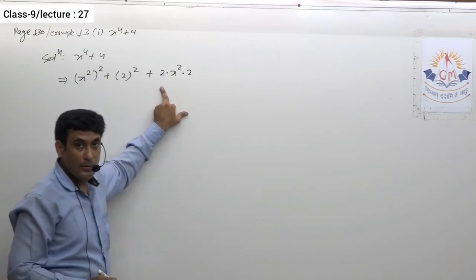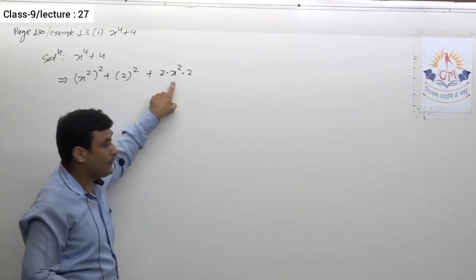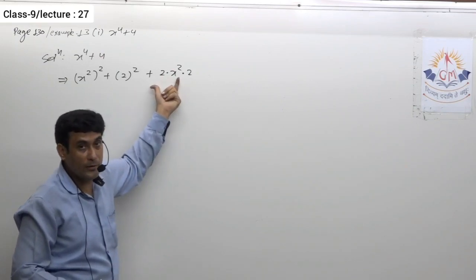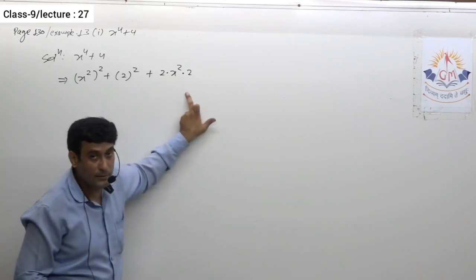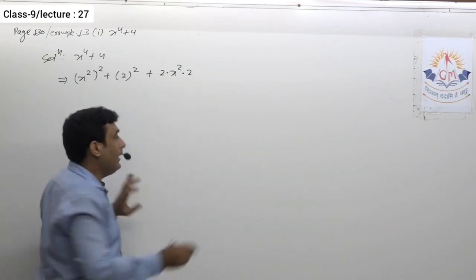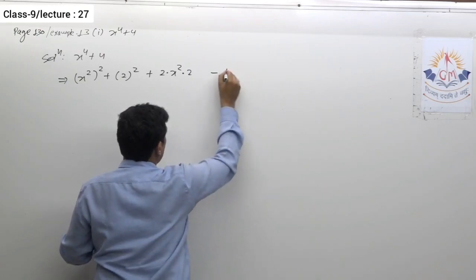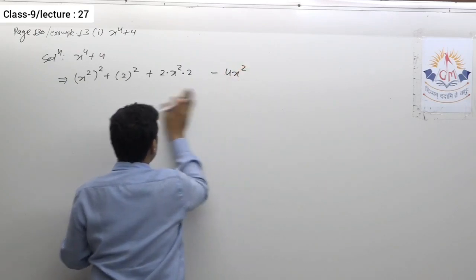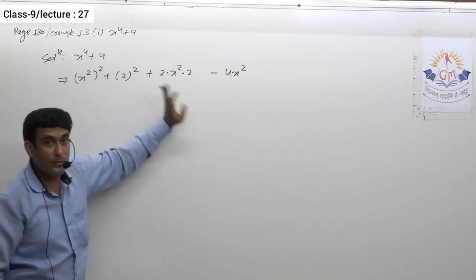As I added, what I added actually is 2 multiplied by 2 multiplied by x square, I added 4x square extra. Why? To complete the identity. As I took this extra, I have to return it back. That means I have to subtract the same quantity to balance the expression so that the question remains the same.